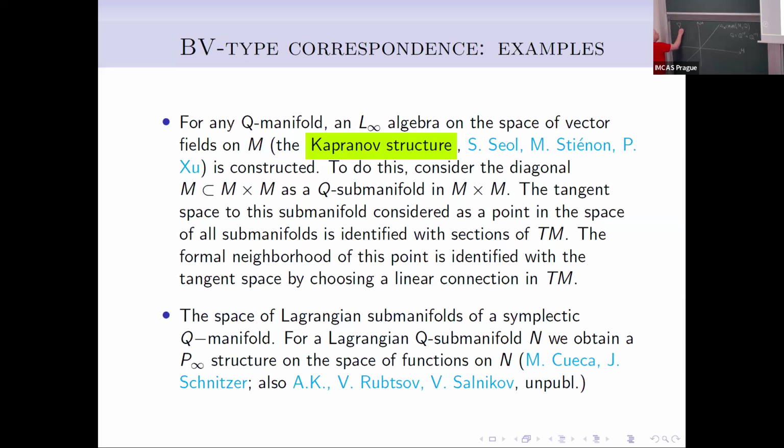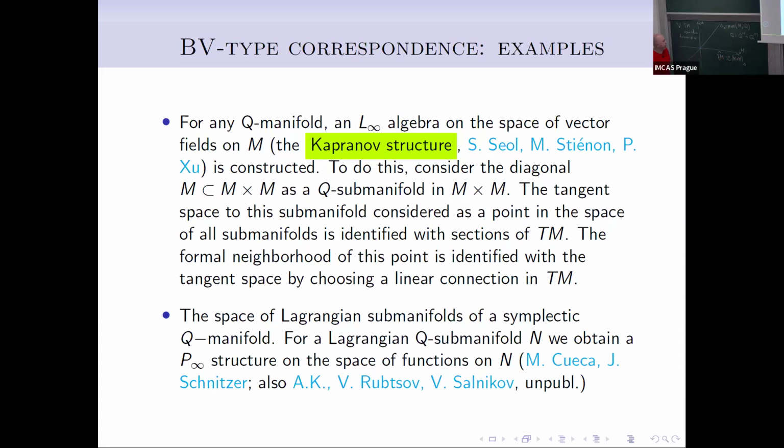Now let us choose a connection nabla, a connection on TM, torsion free. Then we can apply the geodesic map, the formal geodesic map, to identify the formal neighborhood of the zero section inside TM with the formal neighborhood of the diagonal inside M cross M. There are many notations for that.